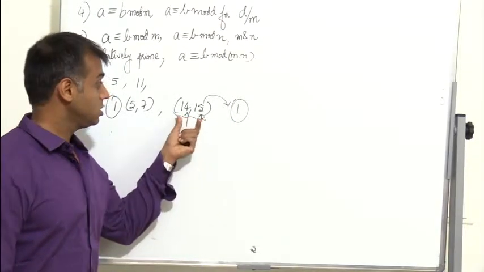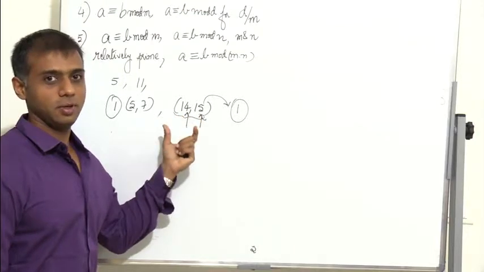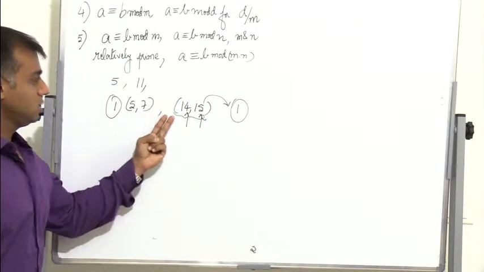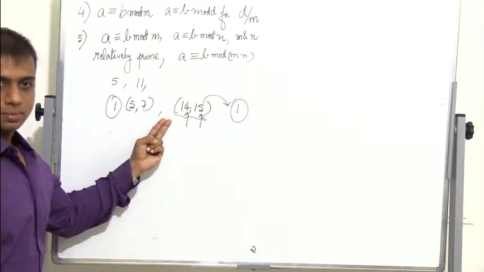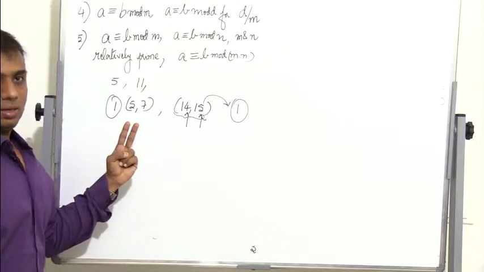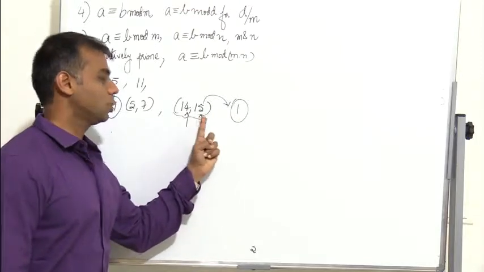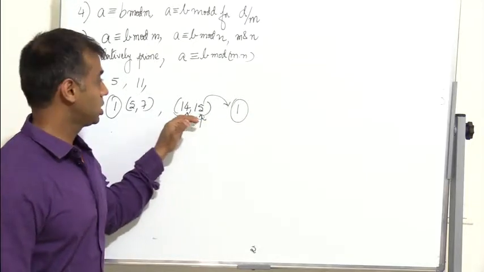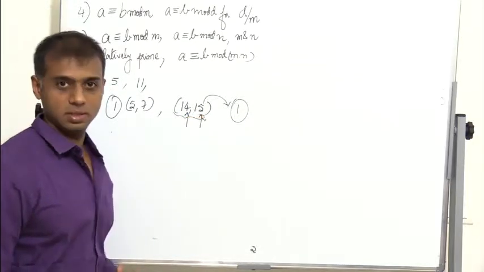So in such a case, these two numbers are known as relatively prime. So two numbers whose GCD is equal to 1 are said to be relatively prime. It means that it is 1 which divides these two. There is no other number than 1 which can divide the two numbers.